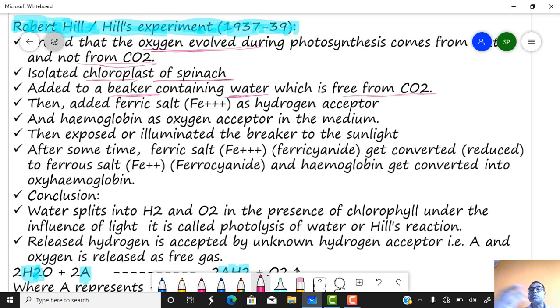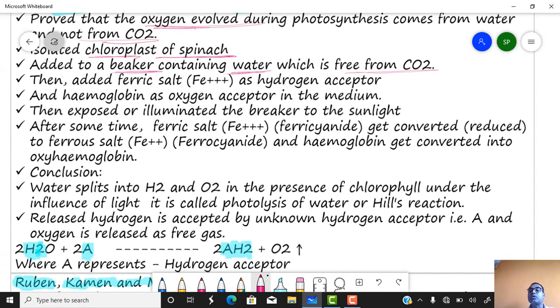So what is present here? Chloroplast is present, plus water is present. Again, he added ferric salts as a hydrogen acceptor, Fe3+, and added hemoglobin as an oxygen acceptor.